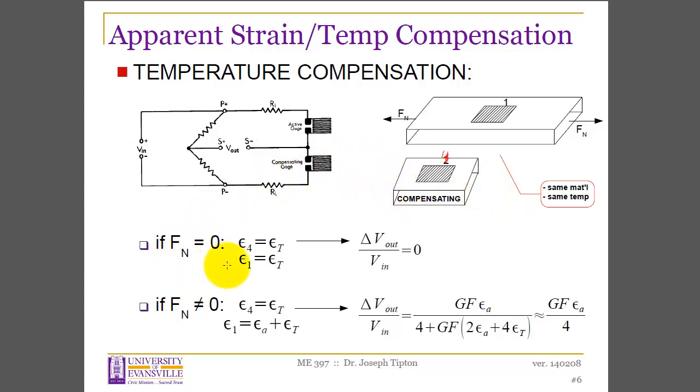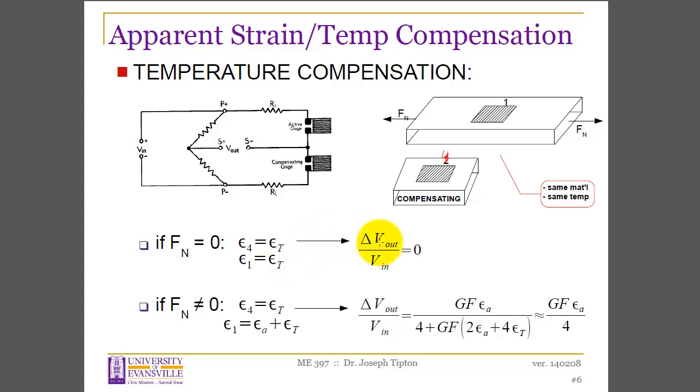Well, first, let's look at a case where there is no axial loading on the specimen. In that situation, there could be a temperature change, and if there were, we know that the material, the metal, would expand or contract, and that would cause an apparent strain. So we'll say that strain gauge in position 4 would experience a temperature-induced strain, and the strain gauge on position 1 would experience also a temperature-induced strain.